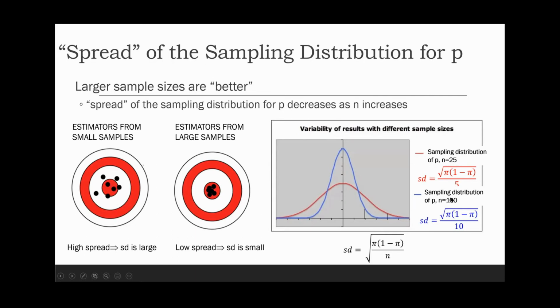When the sample size is larger, when n is 100, we get this blue curve. We see that they're closer to the population parameter, and that's what you're seeing here. This is the idea of what's going on. Are there any questions with this picture? This is a really important picture, actually.